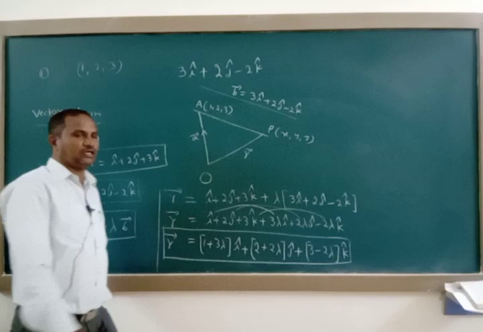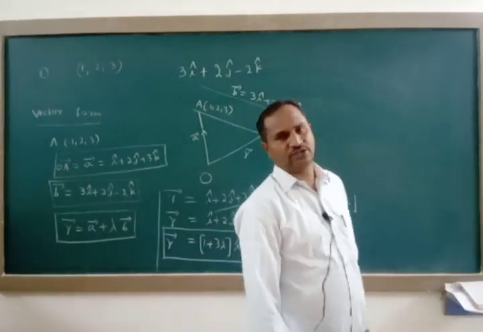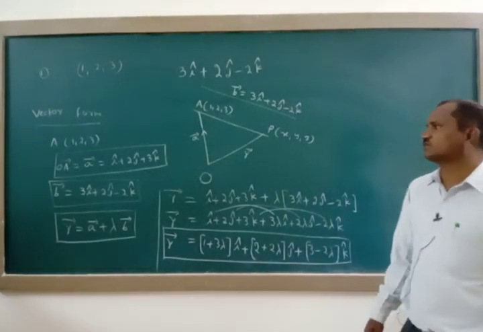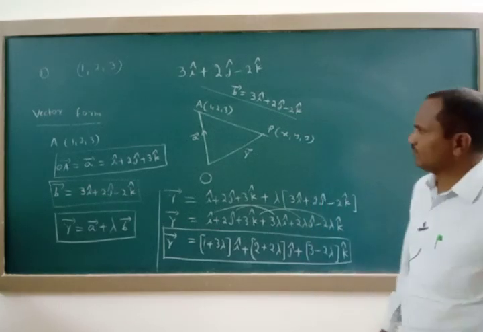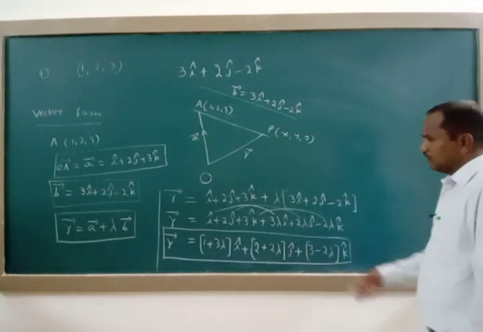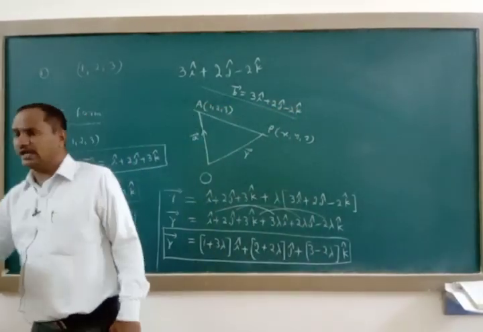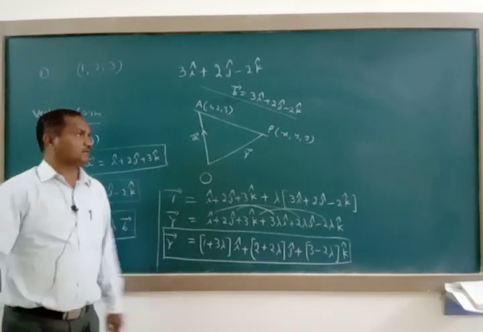They are asking only for the equation. They did not mention vector form or Cartesian form. That's why we have to give the answer in both forms, vector form and Cartesian form. This is the procedure to find the vector form of the equation of a line when a line is passing through a point and parallel to a vector.